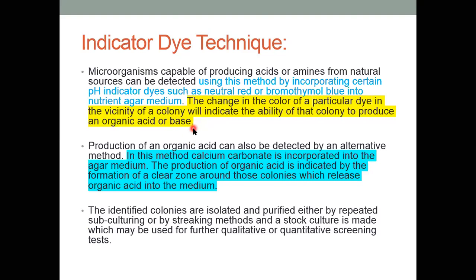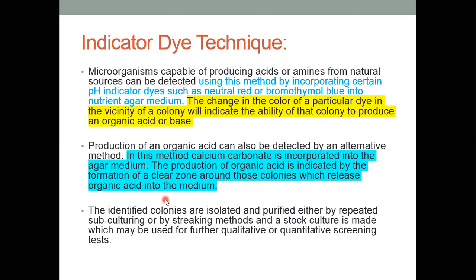And it can go the opposite way. If you're looking for amines or any basic compound, the color change would be towards the basic pH, and you would know right away that the bacteria is producing this kind of compound, a basic compound.